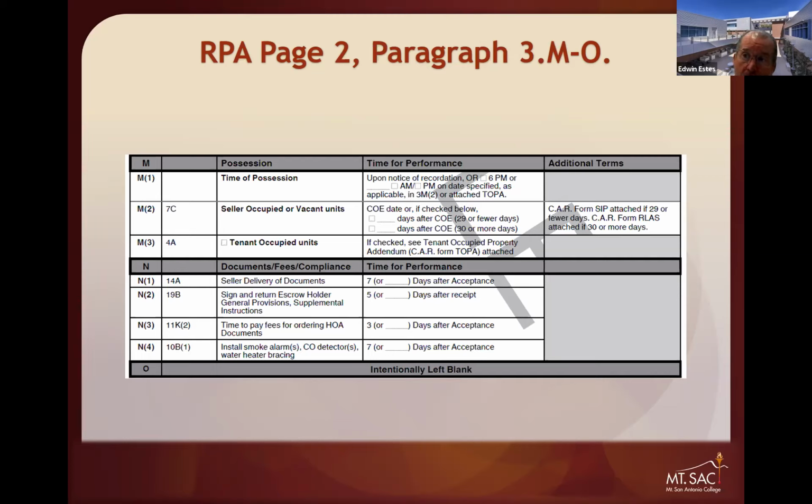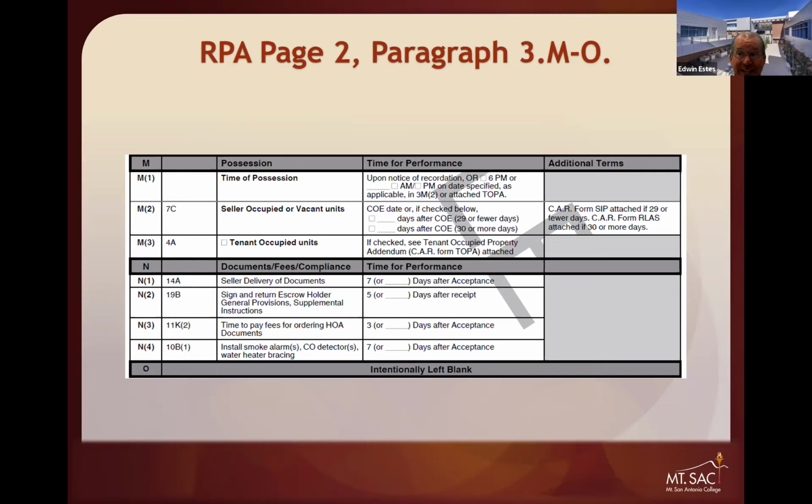If you check the box in the first paragraph of the TOPA, it says that the tenant will be out of the property 5 days prior to close. Why 5 days? Because that's when you're going to do your final walkthrough, your verification of condition. And you want to go through there and make sure the tenant's not there. But what if the tenant doesn't move out? What does the TOPA say?